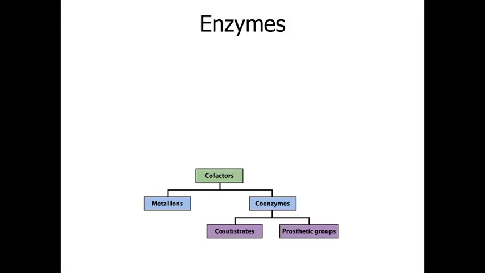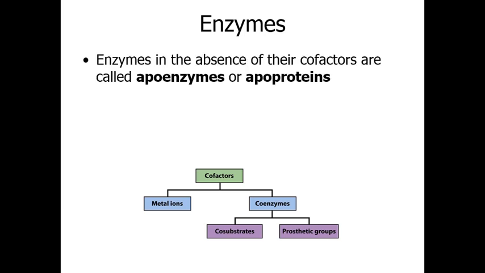Enzymes that work with cofactors can have two different forms. The first one is called an apoenzyme or an apoprotein. Enzymes in the absence of their cofactors are called apoenzymes. Remember, only those enzymes that utilize cofactors have this form.